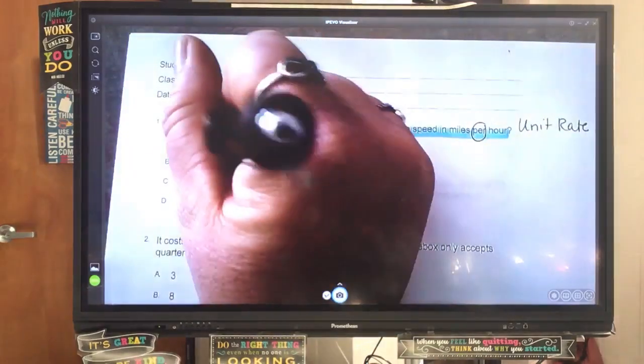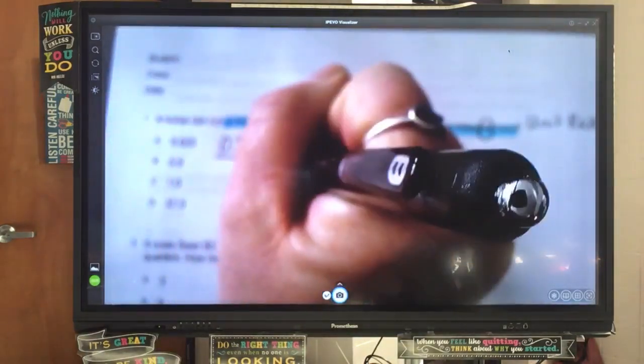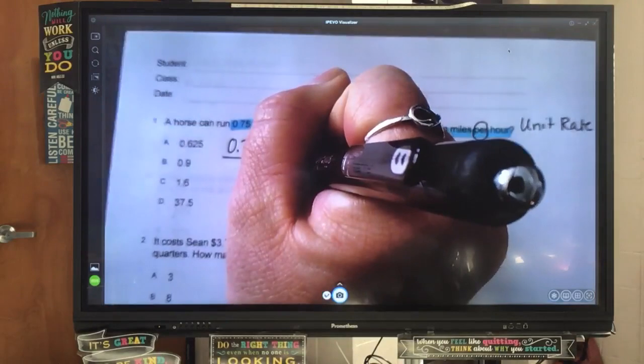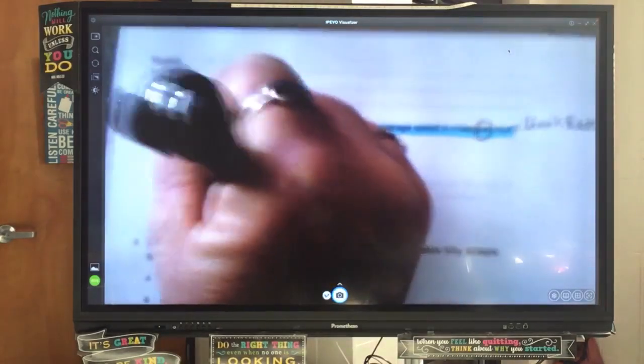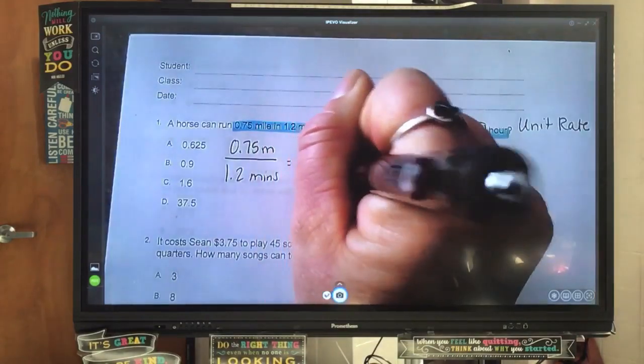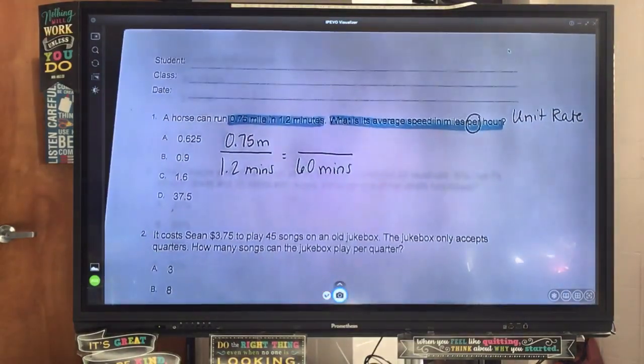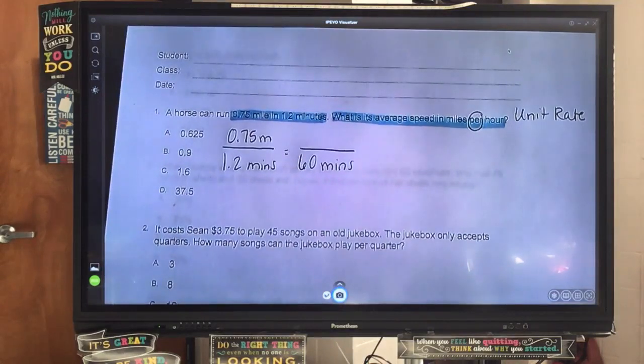Minutes, okay. Alright, so essentially this is one way that you can set this problem up. Now how do I go about solving for this problem? What do I have to do?